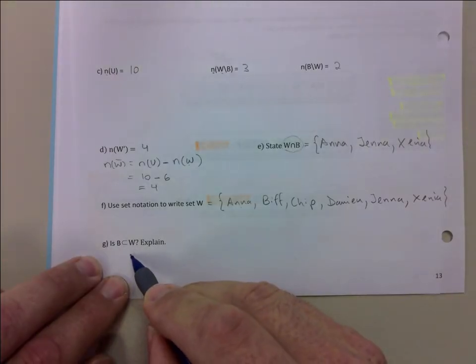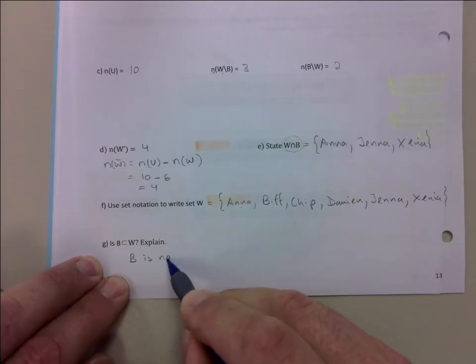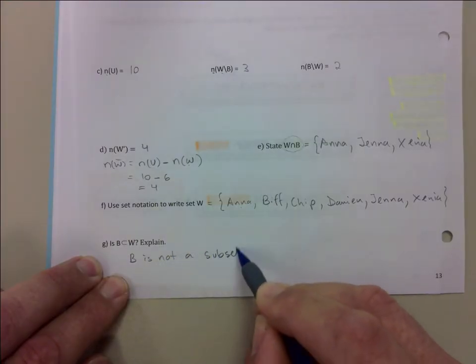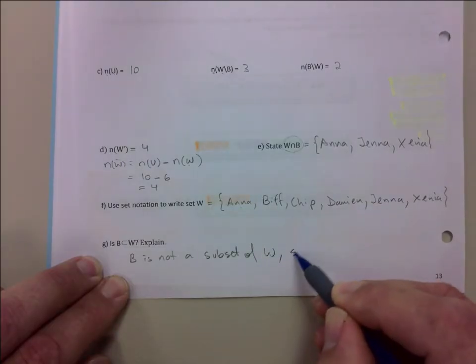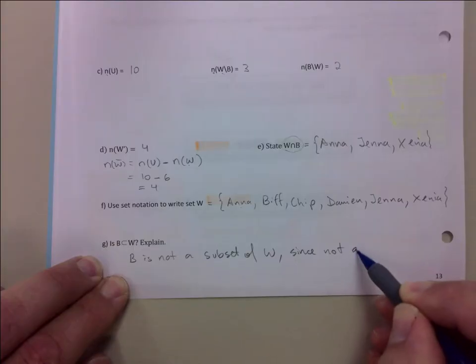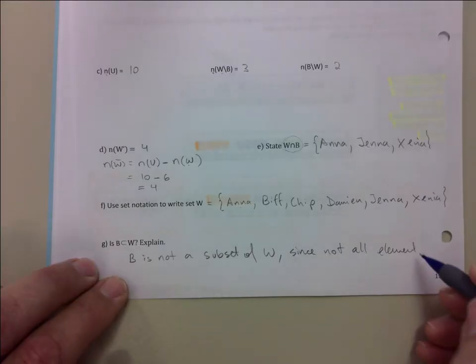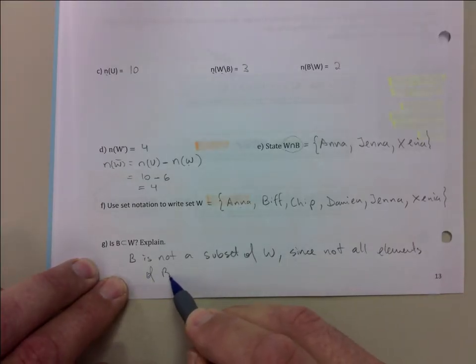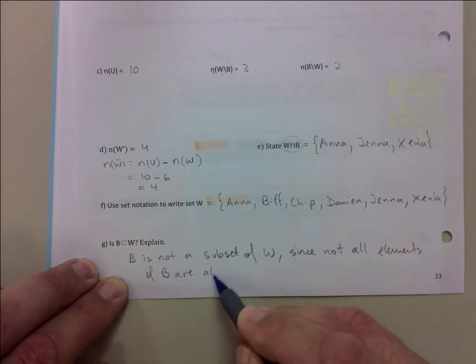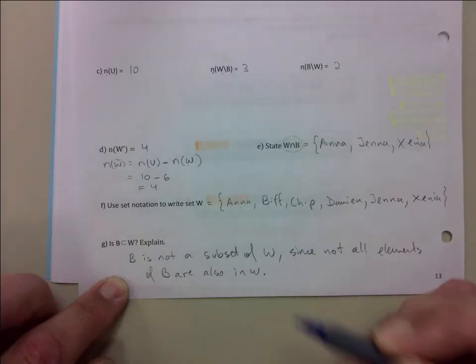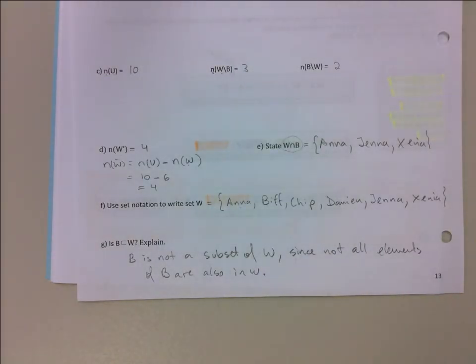So you would say B is not a subset of W since not all elements of B are also in W. So that's like the ultimate test for subsets. I need to see that every single element of the one that I'm claiming as a subset of the other is found in that other one. That's the only way things are subsets of each other. Okay?